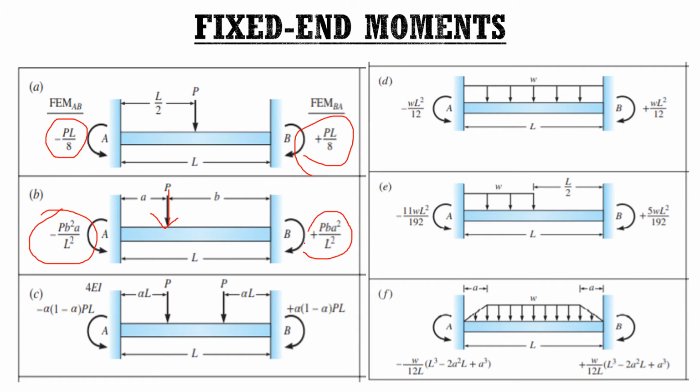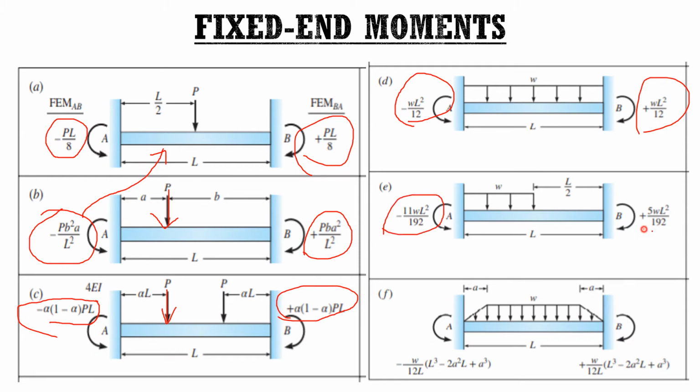Actually, guys, this equation can also be used with reference to A. Then what if there are two concentrated loads, or a load at C, so you have this. For the uniform load, guys, negative WL squared over 12 on the left, then positive to the right, and so on.